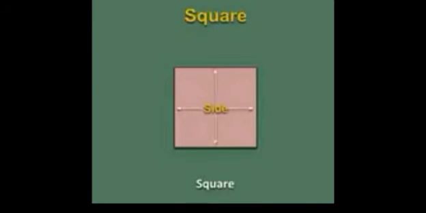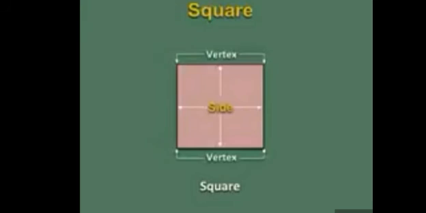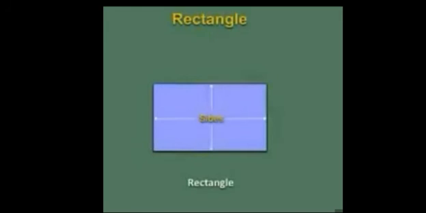This is a square. A square has 4 sides. All the sides of a square are equal. A square has 4 vertices. Next is a rectangle.